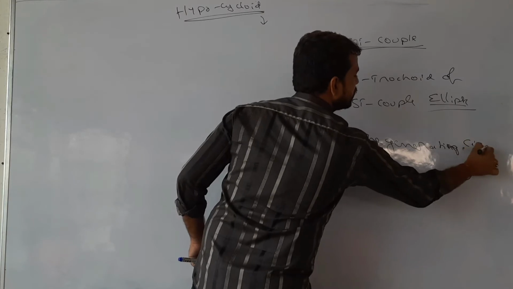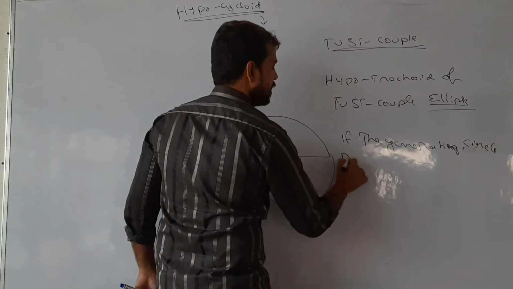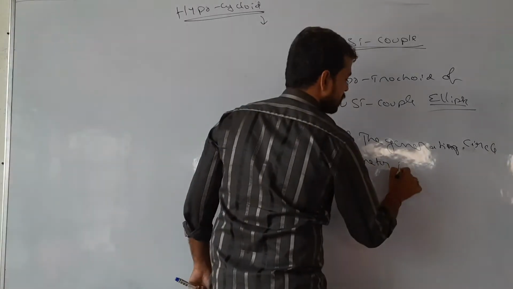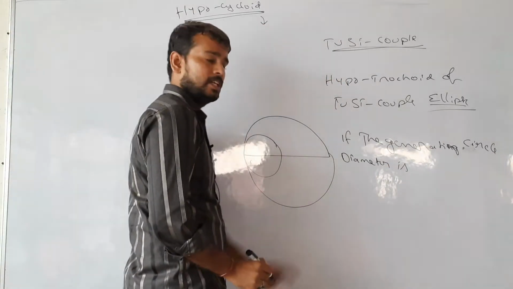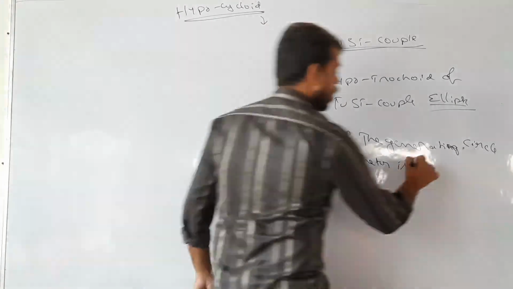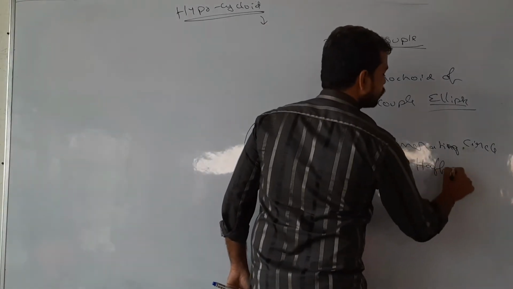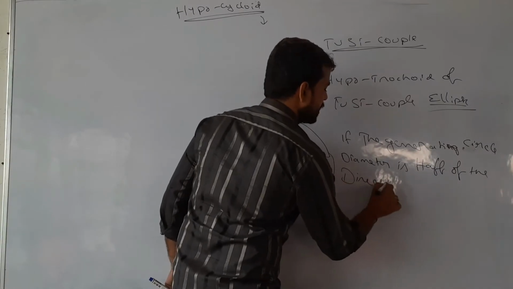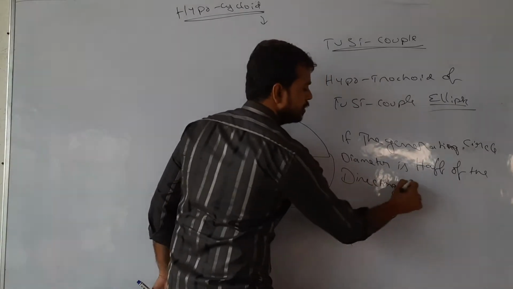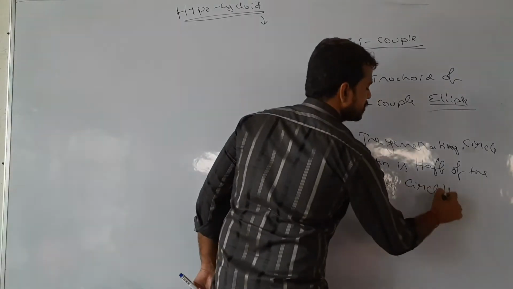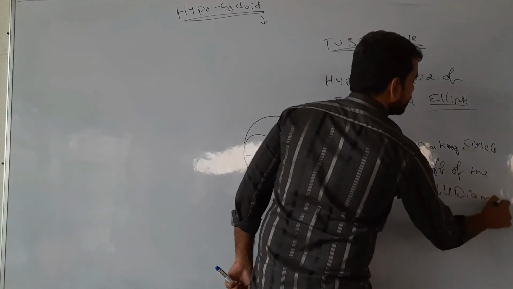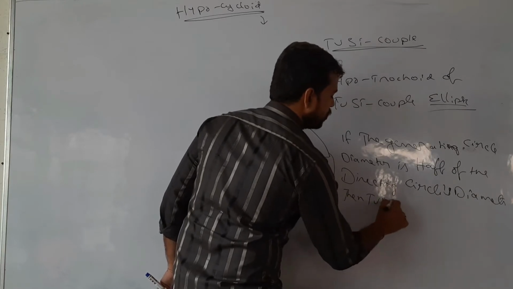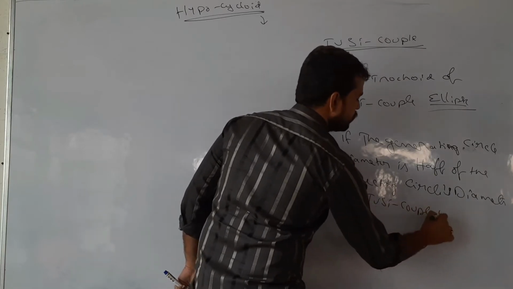If the generating circle's diameter is half of the directing circle's diameter, then the two-cusp couple will form.